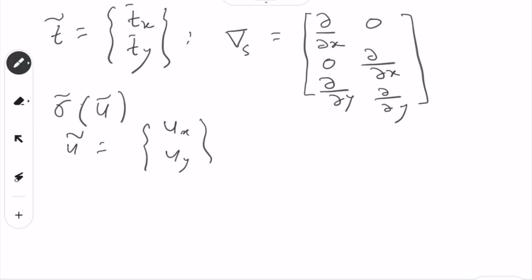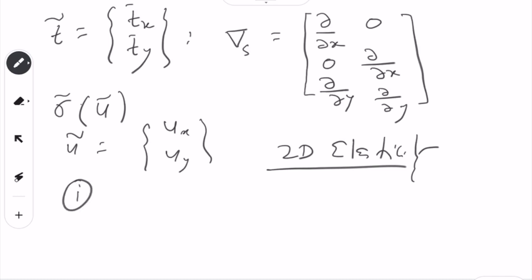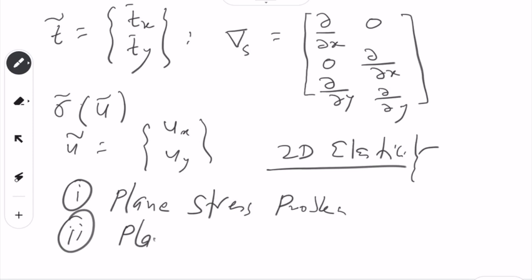So remember, this is 2D elasticity, and in 2D elasticity you can assume the material properties to be either a plane stress problem or a plane strain problem.